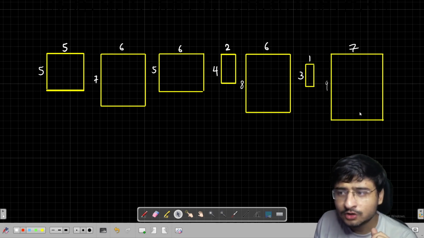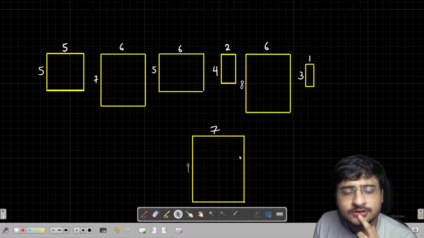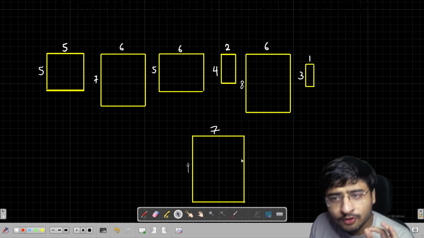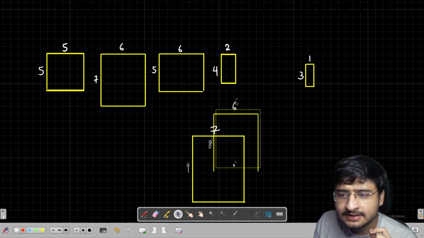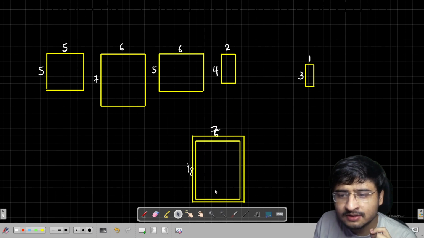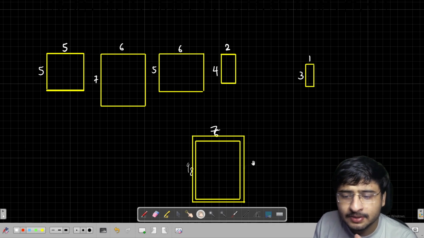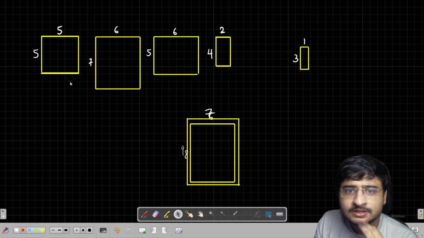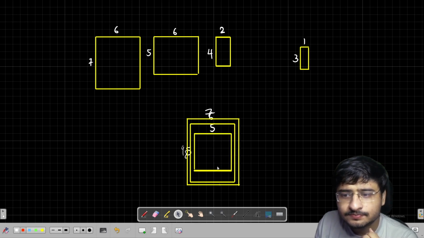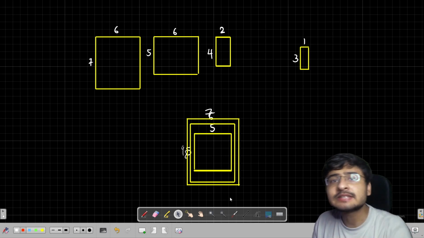Let's analyze. For example, I'll take this envelope for instance, and let's say I'll select this envelope to go inside this envelope. This is definitely fitting. Now let's say we put this envelope inside this one. This would go inside just fine. So I am putting one envelope inside another envelope.